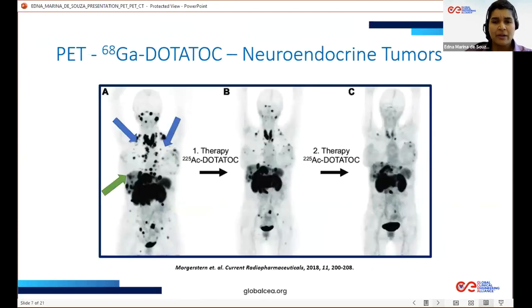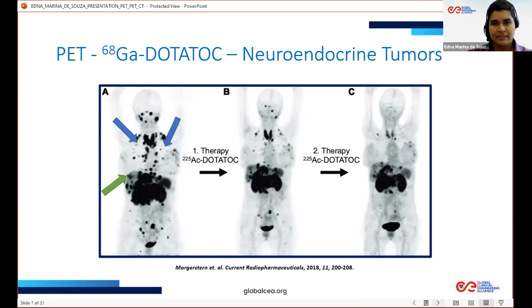Another radiopharmaceutical used for tumor detection and its therapy follow-up is the gallium-68 DOTA-TOC, used in case of neuroendocrine tumors. On the left, we have the PET image of a patient with multiple lesions from neuroendocrine cancer, and B and C present the PET images after 1 and 2 cycles of therapy using actinium-225 DOTA-TOC, another kind of radiopharmaceutical.